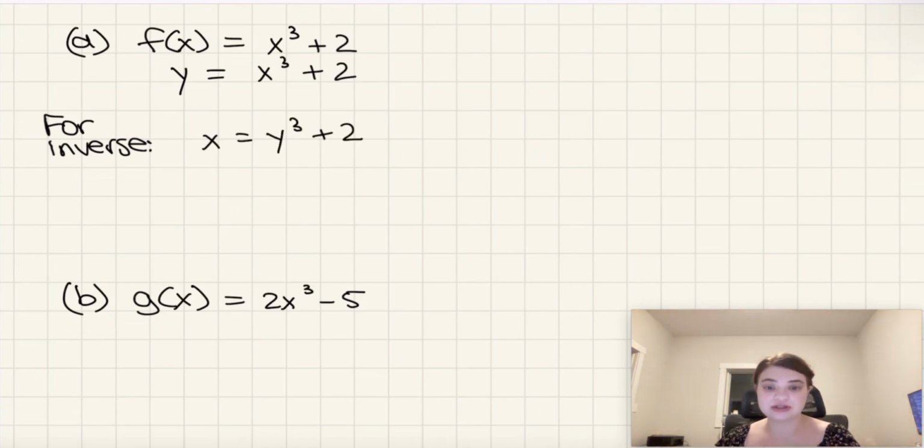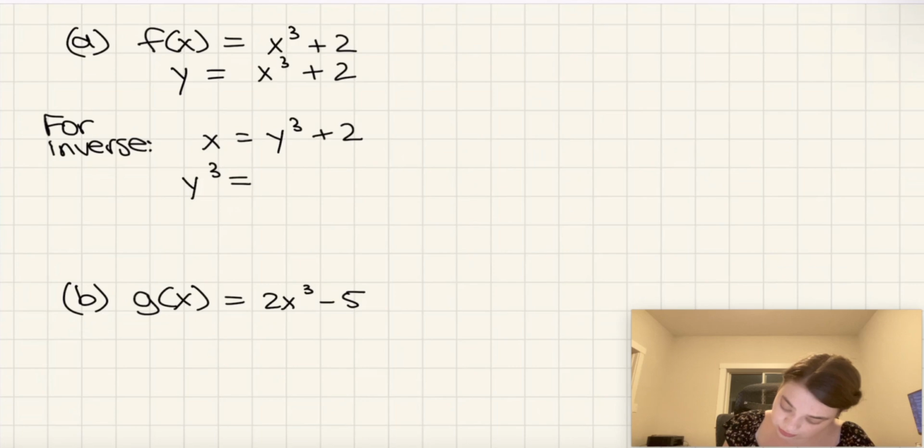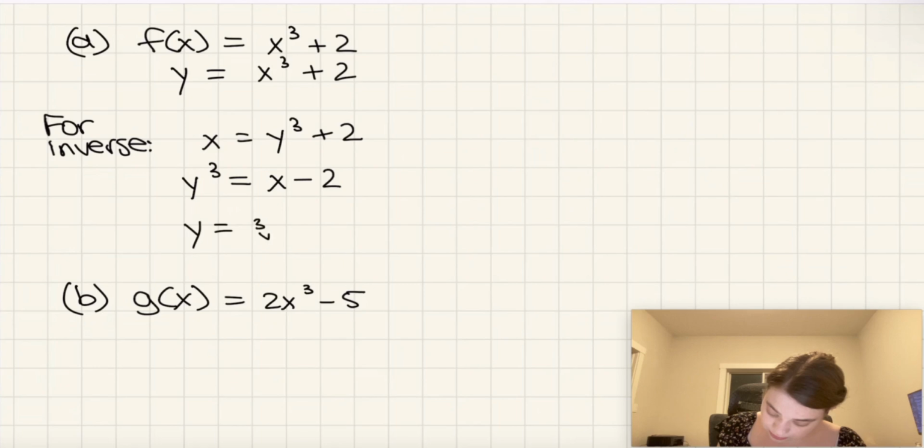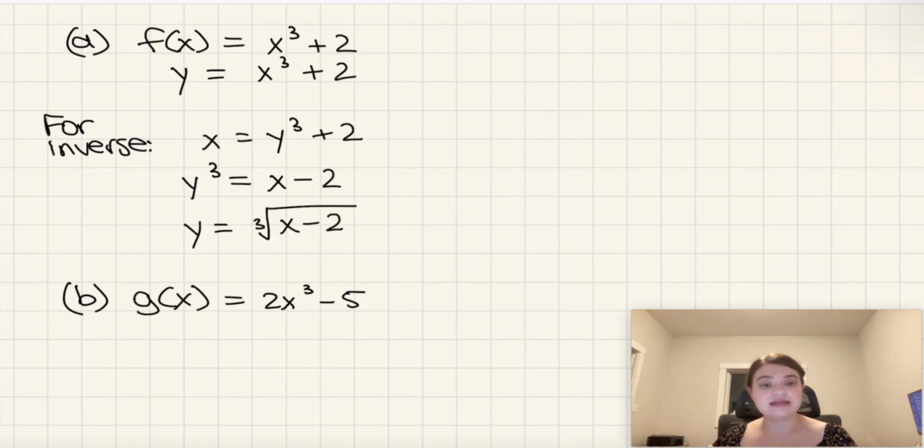And now we just need to solve for y and isolate for it. So I'm going to subtract 2 from both sides to get y cubed is equal to x minus 2. Then I'm going to take the cube root of both sides to get that y is equal to the cube root of x minus 2. And this is indeed a function, right?